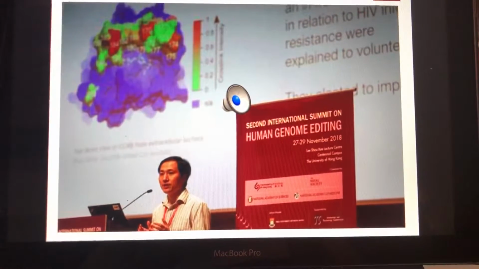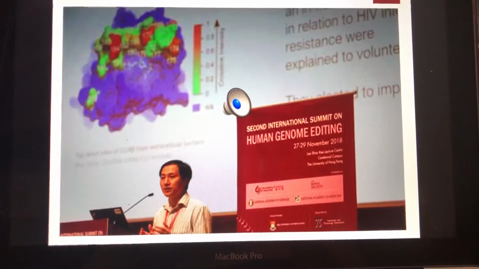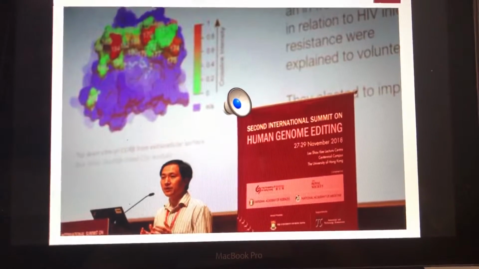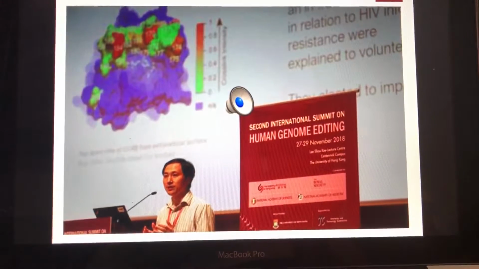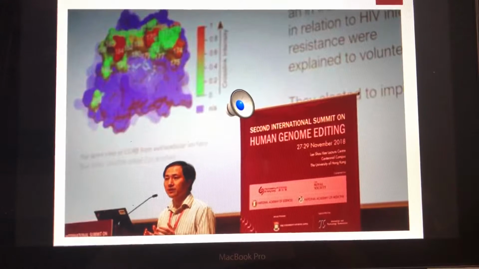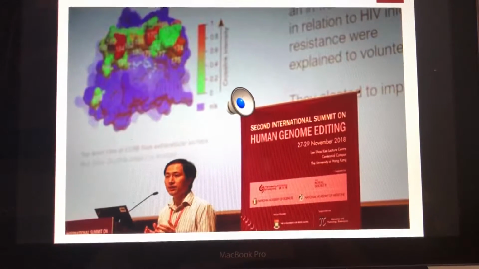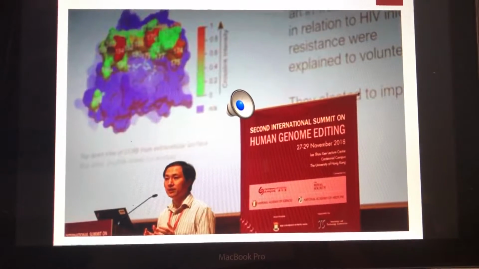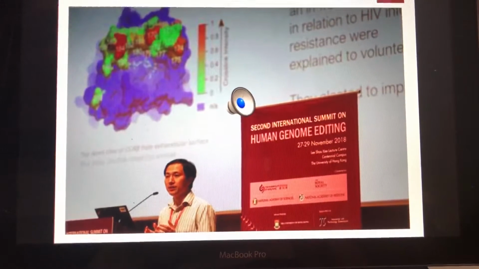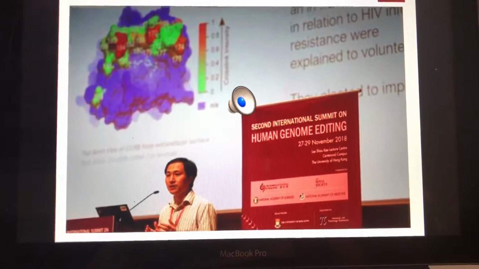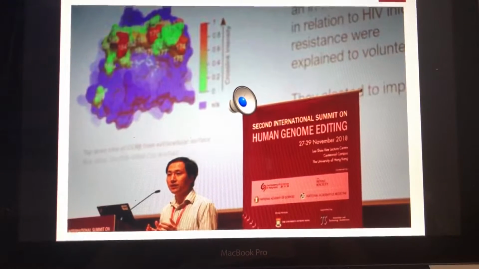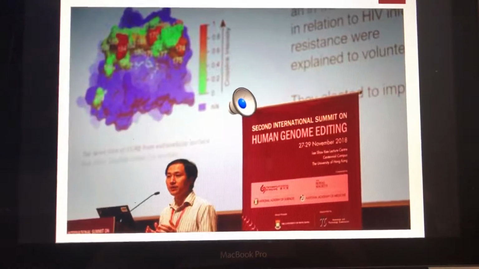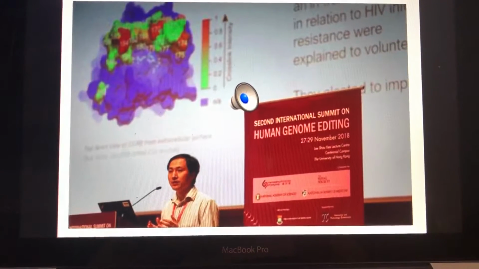He claims to have disabled a gene that is responsible for protecting the body from an HIV infection. However, when they found out that he was doing this type of study, other researchers claimed that he may have caused mutations in other parts of the twins' genome, which could have severe health consequences for these children. Unfortunately, only time will tell.